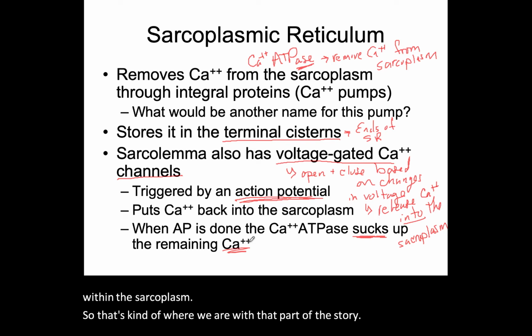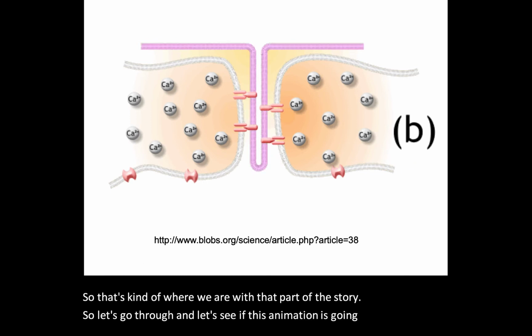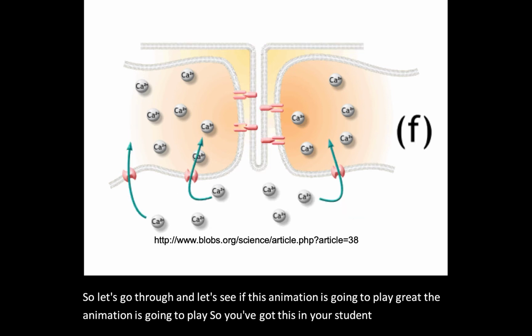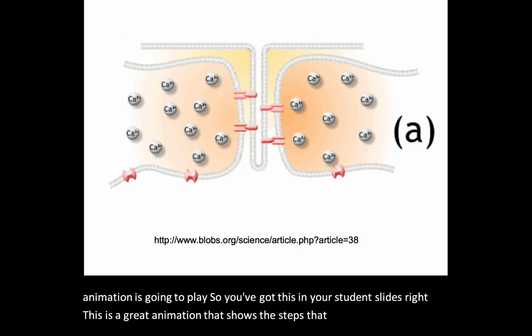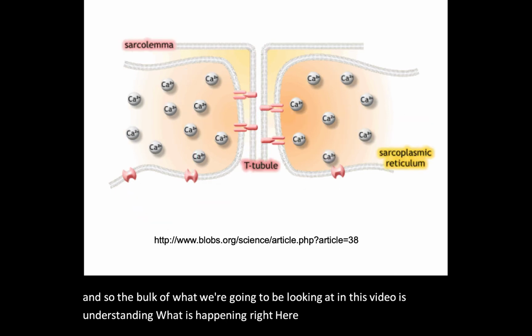So let's see if this animation is going to play. Great, the animation is going to play. You've got this in your student slides. This is a great animation that shows the steps that I just went over. The bulk of what we're going to be looking at in this video is understanding what is happening right here with this animation.